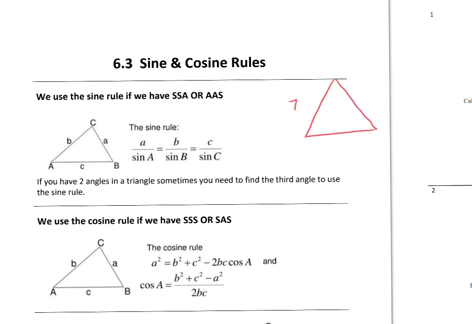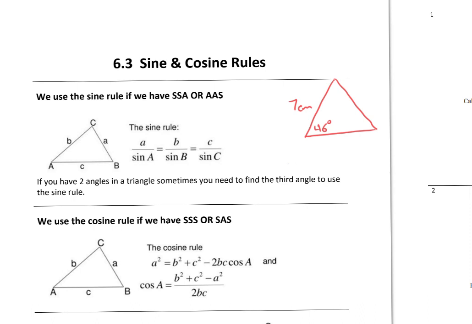This side is 7. This angle is 46. And this angle is 93. We have two angles, and we need to find this side.